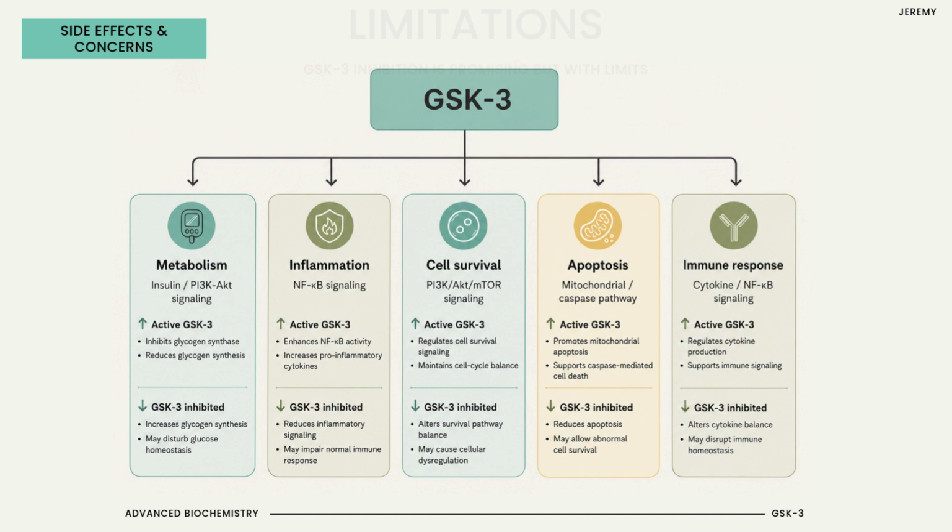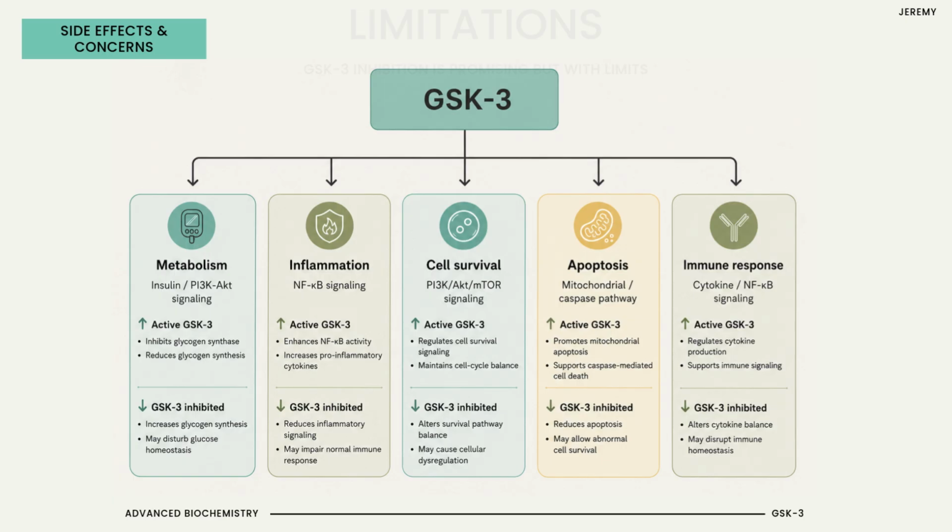And then for inflammation, because it's involved in the NF-kappa beta signaling, if GSK-3 is inhibited, this will reduce our inflammatory response. For cell survival, because GSK-3 beta regulates cell survival signaling, this will change the survival pathway balance and cause cellular dysregulation.